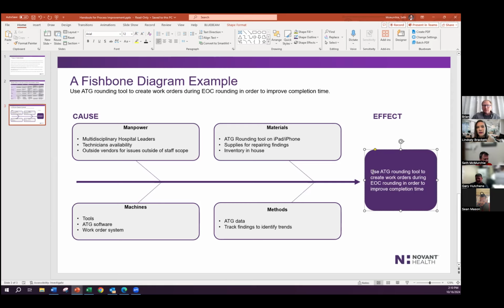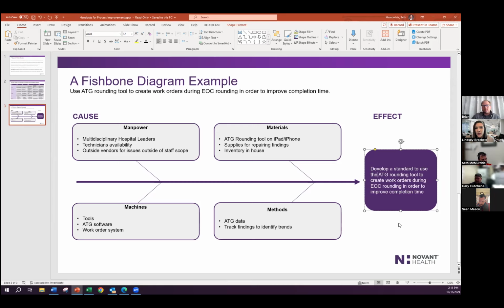So do we change our fishbone or keep our fishbone? So the cause and effect, right? You've been talking about cause and effect since like primary school. So the cause is we don't have a standard. The effect is people are documenting work orders in different ways. So we don't have a standard, so that's a method.